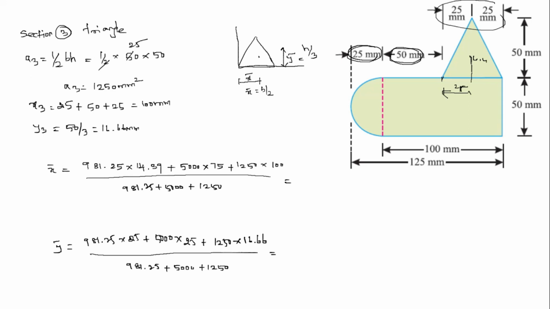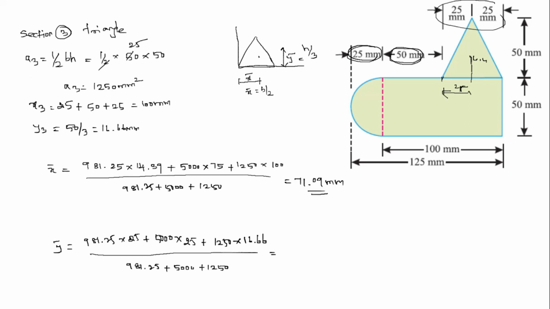First we calculate the numerator: 981.25 into 14.39 plus 5000 into 75 plus 1250 into 100, divided by 981.25 plus 5000 plus 1250. The value is 71.09 mm.